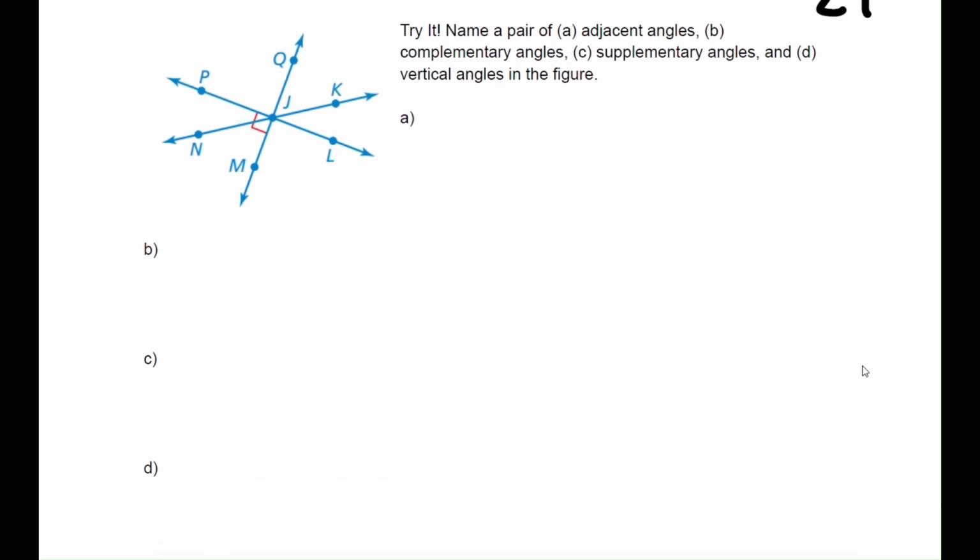All right, let's see. We got a pair of adjacent angles. So say I had angle QJK. And let's say I had an angle. For complementary angles, let's say I had angle PJN.